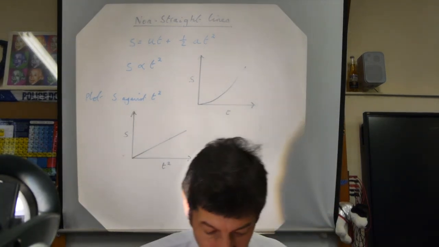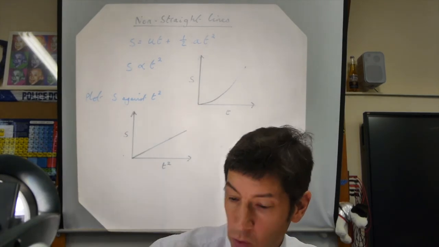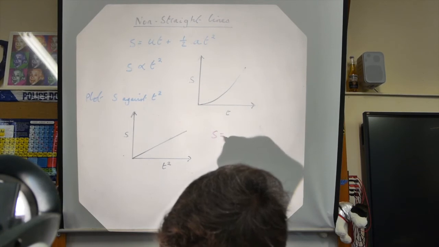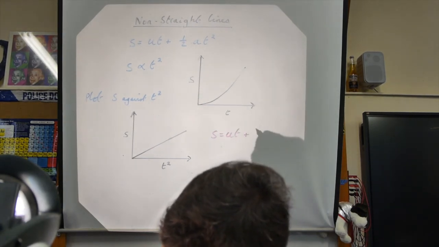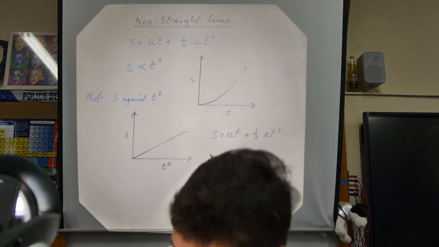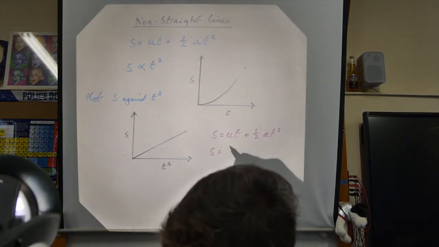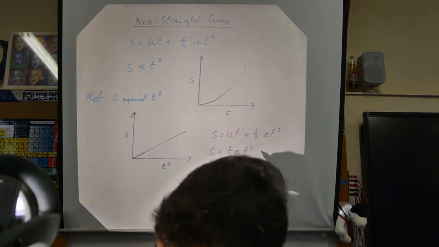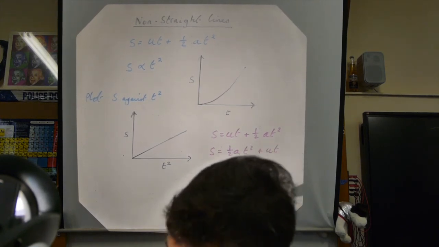Now notice our equation. I'll do it in purple. S equals ut plus a half at squared. Let's just swap it round a bit. S equals a half a t squared, plus ut.